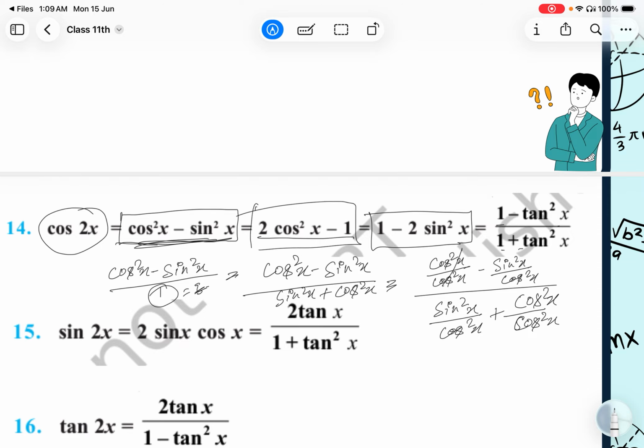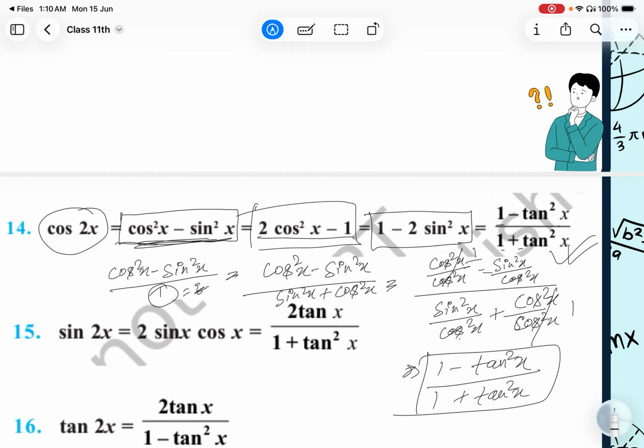So this will be cancelled by 1, and this will be cancelled by 1. So we can write 1 minus tan square x, because sin by cos is tan, and here tan square x plus 1. So this is also proved.